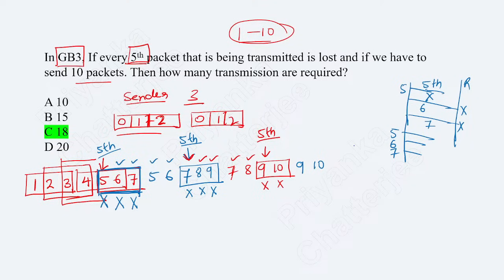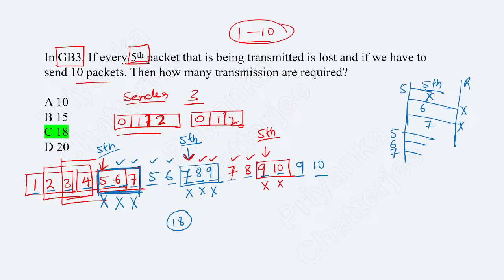So now you have to count how many total transmissions there are. 1, 2, 3, 4, 5, 6, 7, 8, 9, 10, 11, 12, 13, 14, 15, 16, 17, 18. Total 18 transmissions are here.